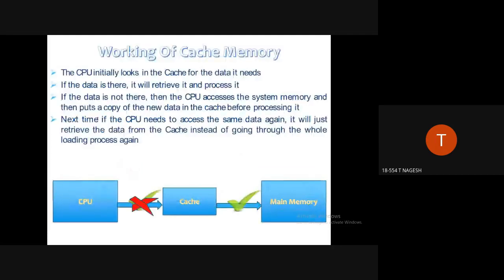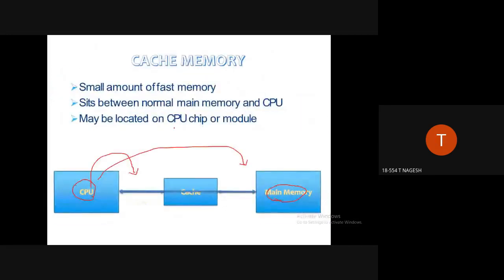Now, let us talk about the working of cache memory. In the previous slide, I needed to mention one point: whenever the processor wants to access data from the cache memory, the transfer of data between the CPU and cache memory is in the form of words.